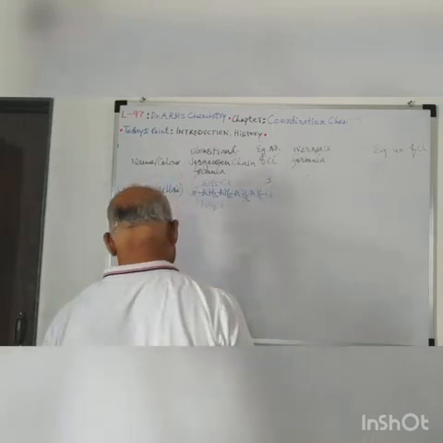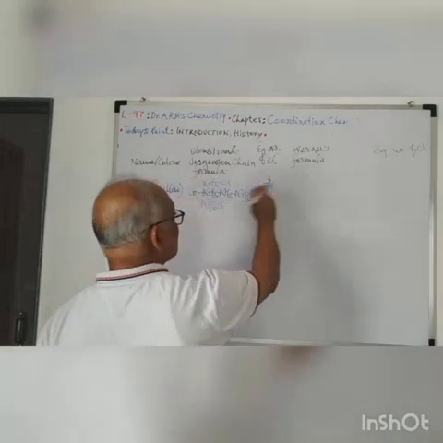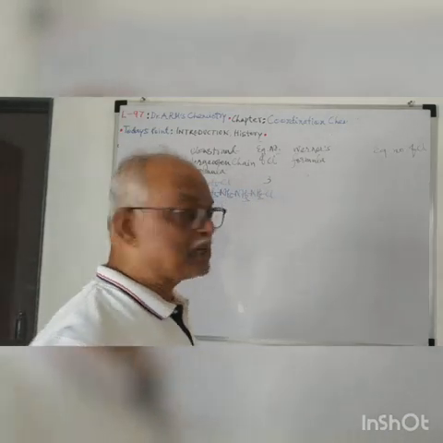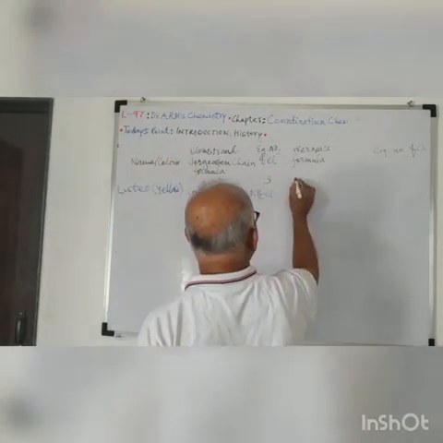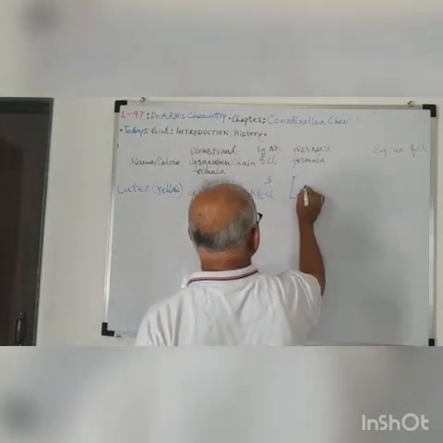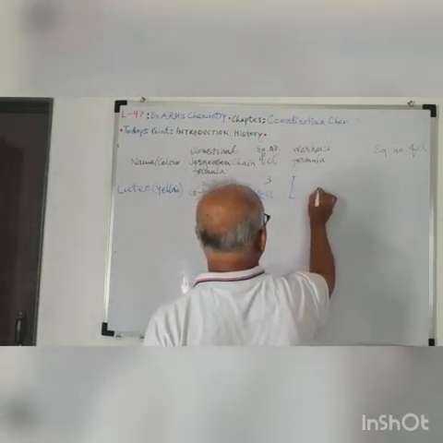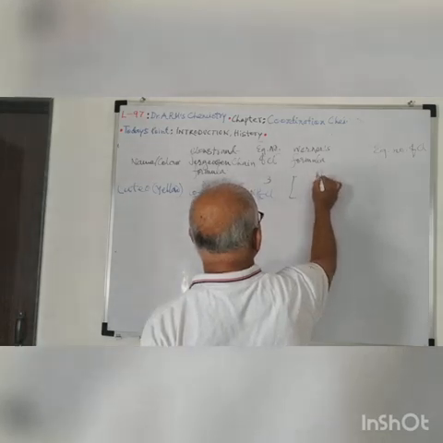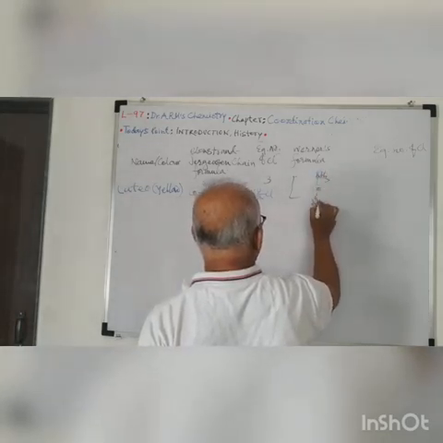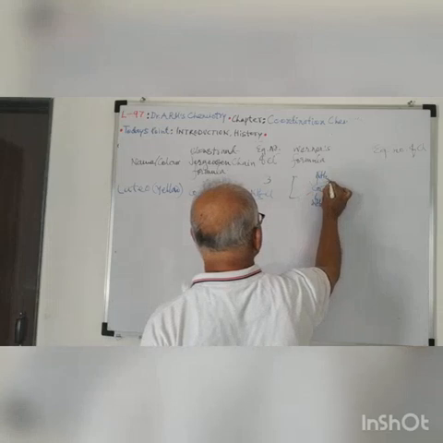I will show here the equivalent structure proposed by Werner. It is like this. Cobalt is at the center. The NH3 are like this.